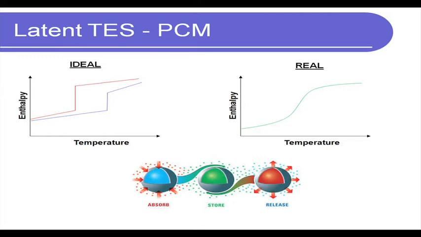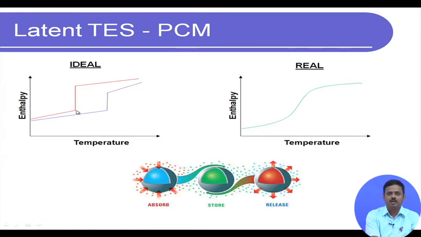Let us assume that it is a wax type material and we increase the temperature. The temperature at the beginning rises because this is sensible heating, still in the solid state. Then at some point the temperature, marked in red, corresponds to the melting temperature of this material.